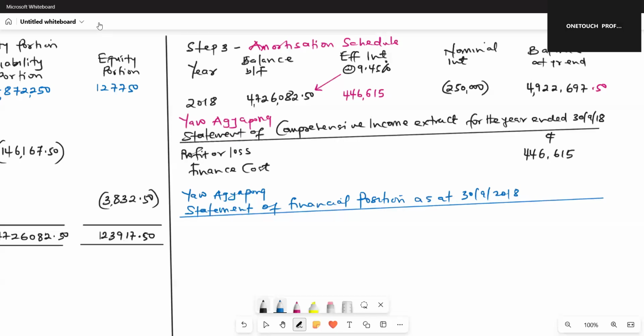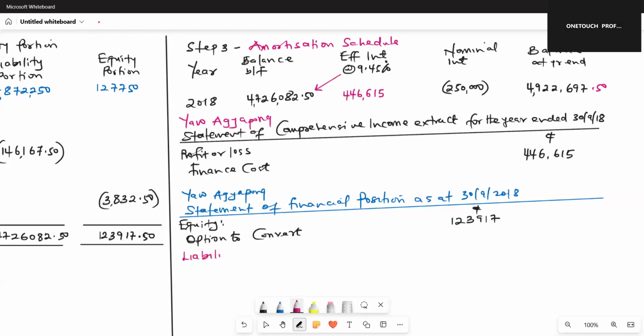So we have equity, and in equity we have the equity option. That's the option to convert. The revised figure, 123,917.5. Is that not it? Yeah.